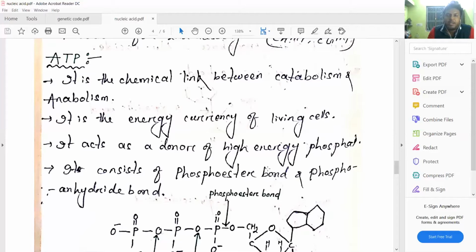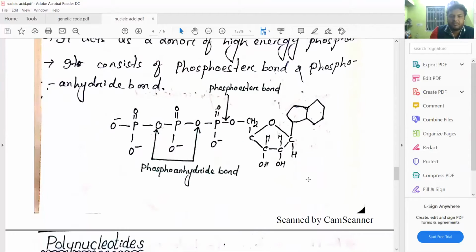Okay. So again, next, it consists of a phosphoester bond and a phosphoanhydride bond. Okay. So you can see what the phosphoanhydride bond is and what the phosphoester bond is.